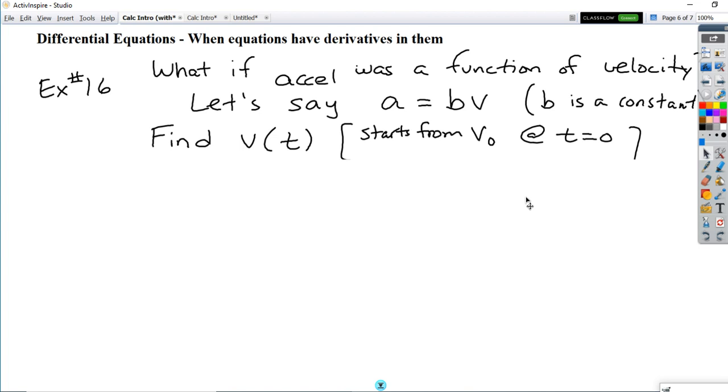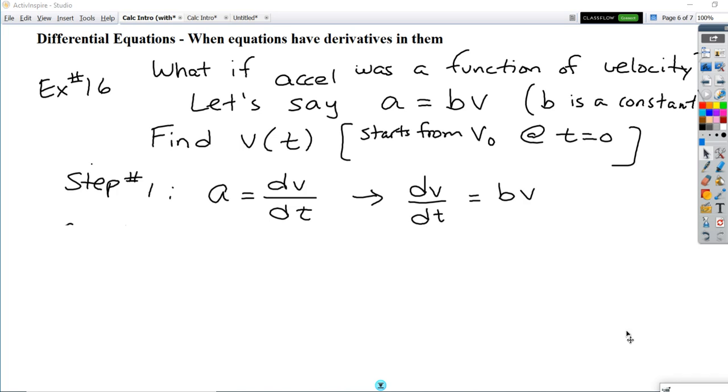Okay. Well, right now, this isn't a differential equation. The way you make it into a differential equation is by replacing one of the quantities with a derivative with respect to time. So we introduce the derivative by saying that the acceleration is the derivative of the velocity with respect to time. Acceleration is the change of velocity over time.